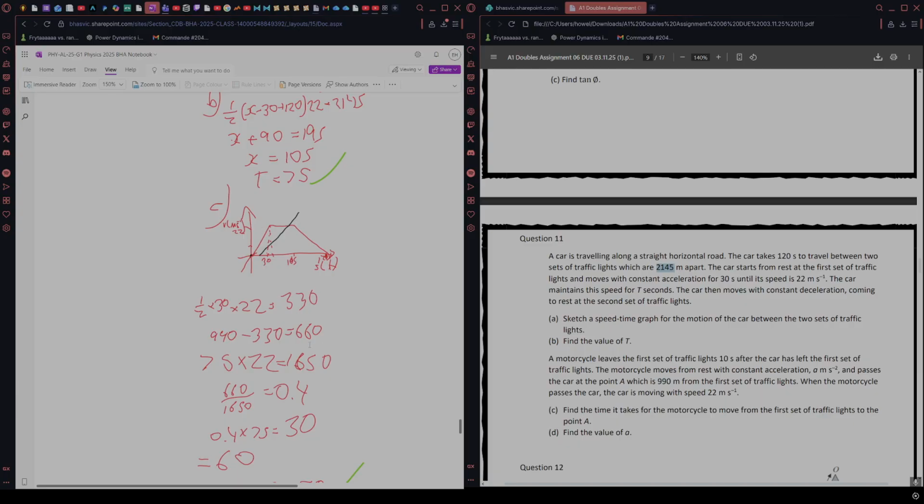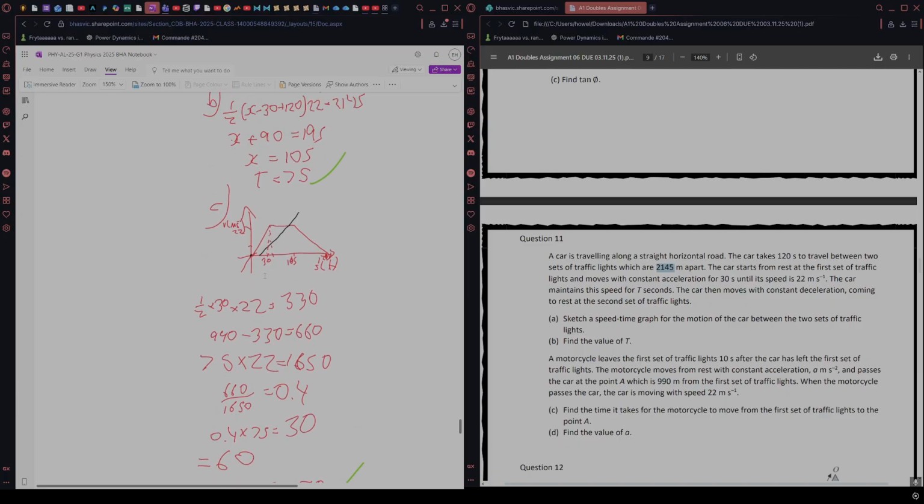That rectangle is 1,650, and we're trying to find 660 meters into the rectangle. So we find the ratio, which is 0.4, multiply that by the distance in the x.